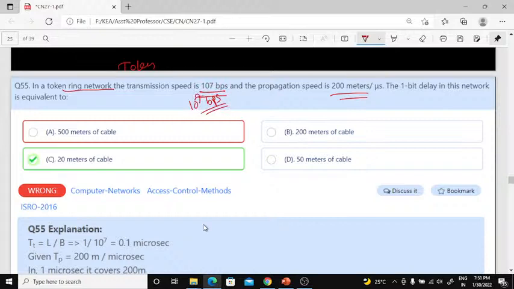So the total time for 1 bit is 1 divided by 10 raised to 7, so that is 0.1 microsecond.